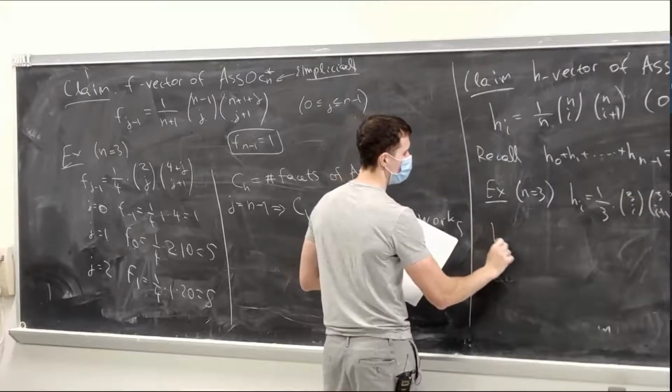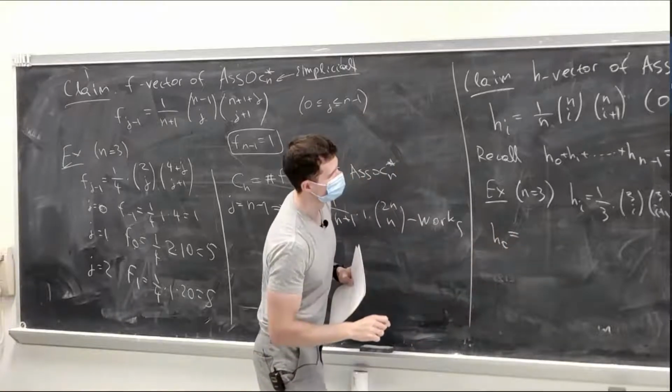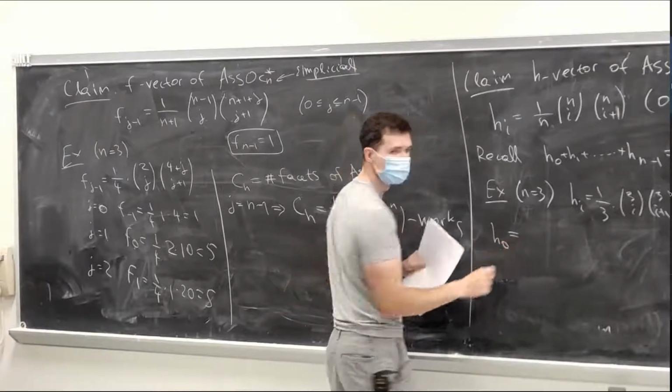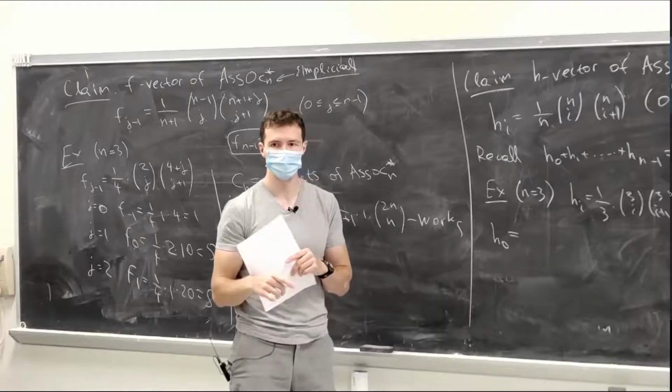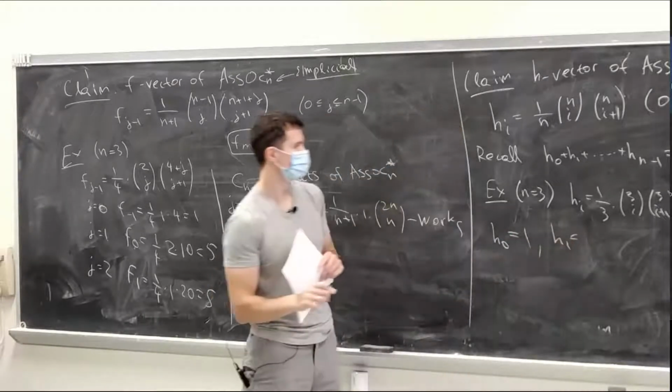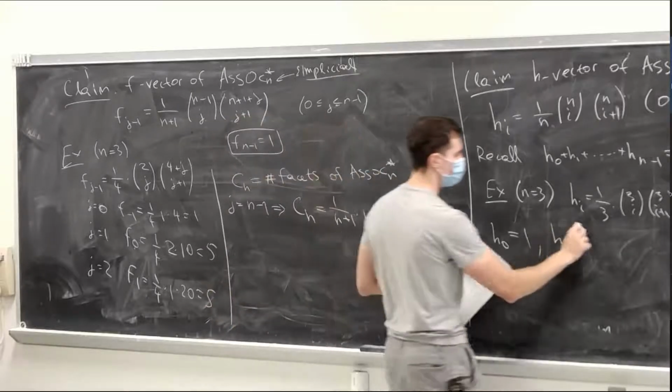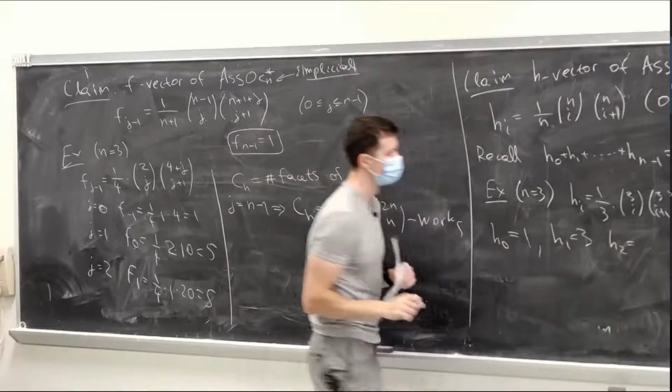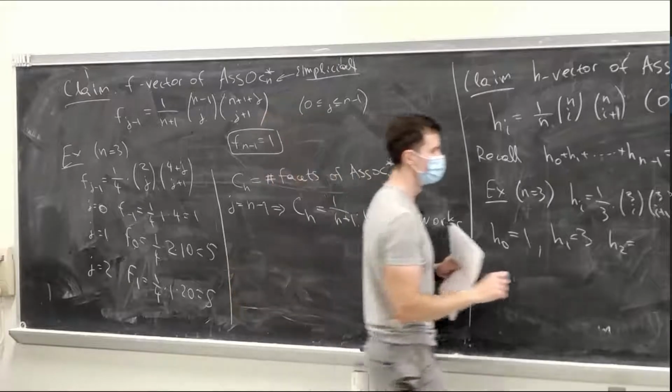So h0, you can just tell me the h numbers. h0 is 1, h1 is 3, and h2 is 1 again.